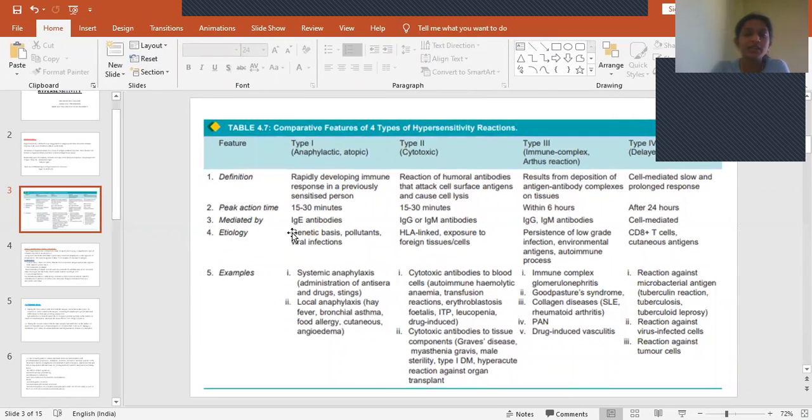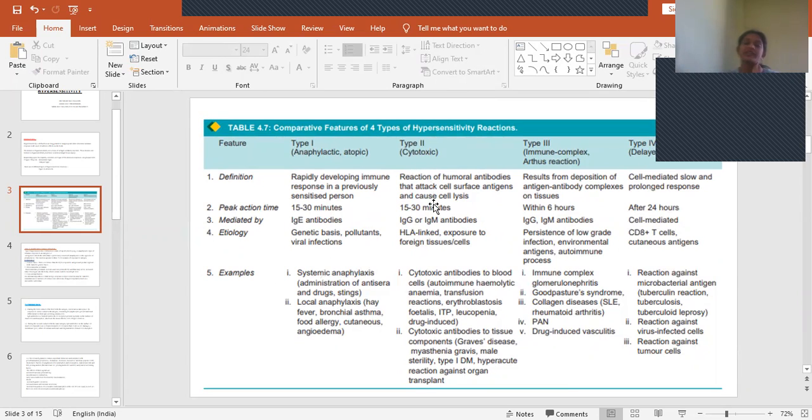And then etiology, here the genetic base, pollutants and viral infections. In type 2, HLA linked, exposure to foreign tissues or cells. Here, the persistence of already existing antigen antibody complex. Here in type 4, cutaneous antigens and CD8 plus T cells will cause this. And examples include systemic anaphylaxis and local anaphylaxis that we have already discussed clearly.